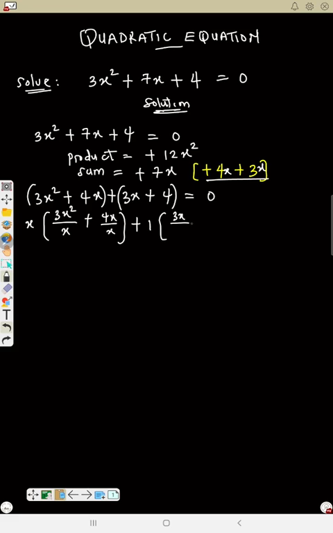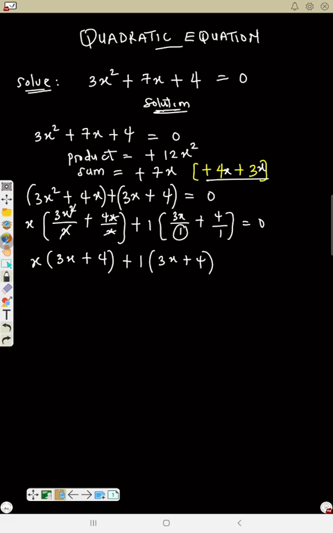That will be 3s over 1 plus 4 over 1 equals to 0. Now it will remain s in the bracket. Now the 1s will go. It will remain 3s plus 4. This one too will be 3s plus 4 because it's over 1. So we can ignore that. Equals to 0.